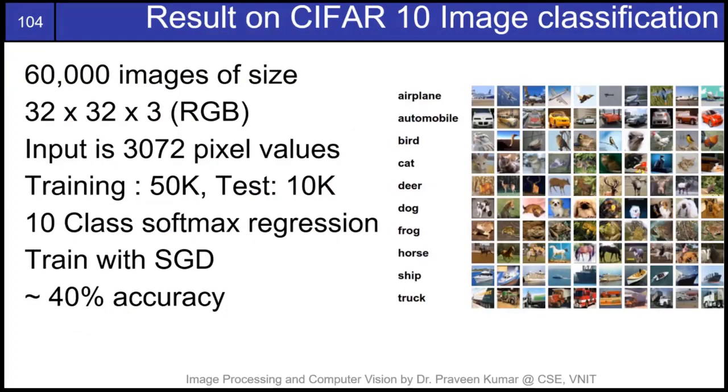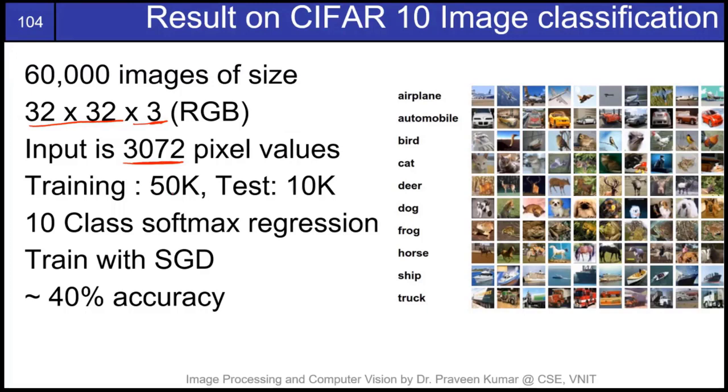But if you apply this classifier on the CIFAR 10 data set, where each image is 32 cross 32 cross 3, because it's an RGB image, then if you flatten it out, it becomes 3072 input values in the input vector.